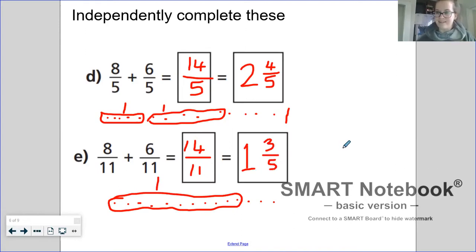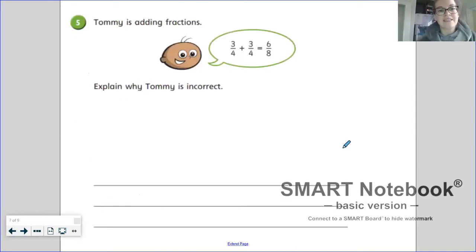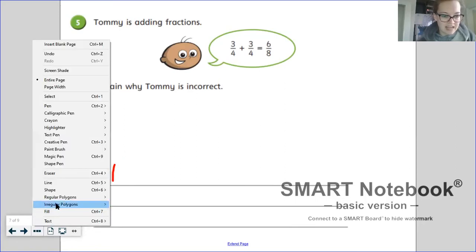Yeah, there we go. So now it says, Tommy is adding fractions. Explain why Tommy is incorrect. 3/4 add 3/4 is 6/8. Oh, Tommy has made a real rookie mistake. Tell me what it is. Correct. The denominator, let me see if I can do this with a text box actually.